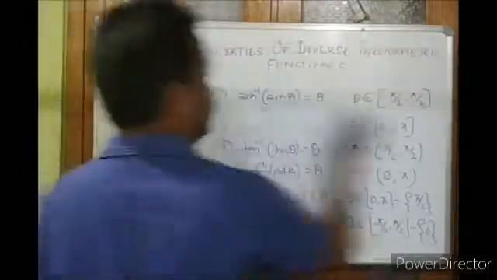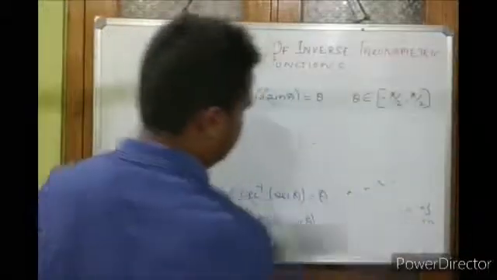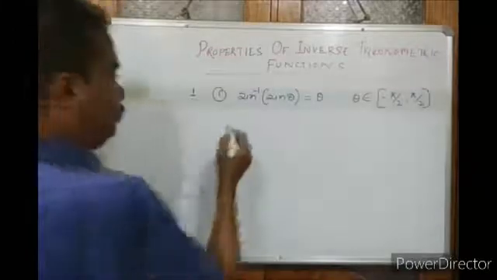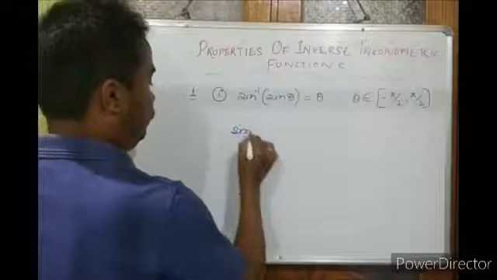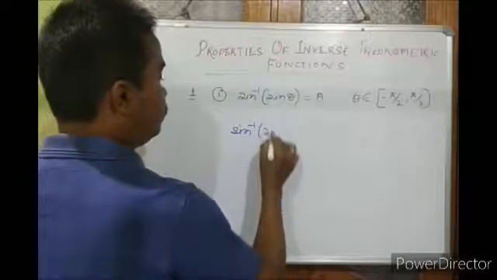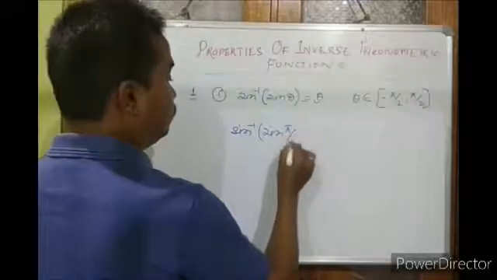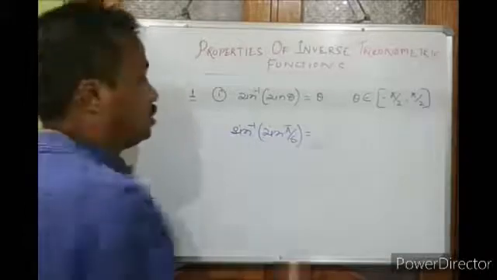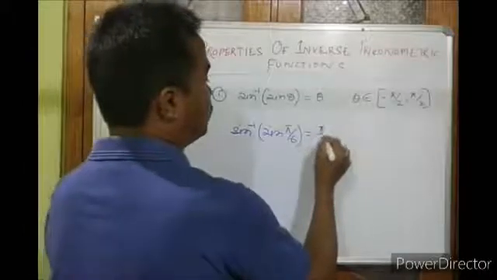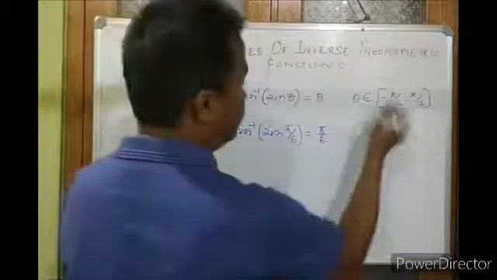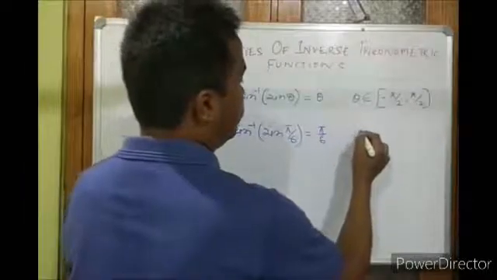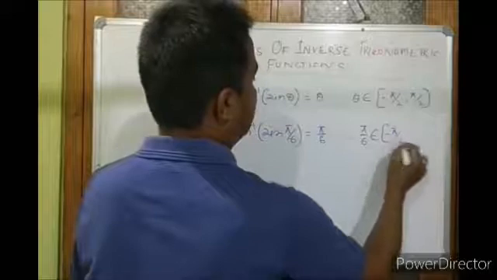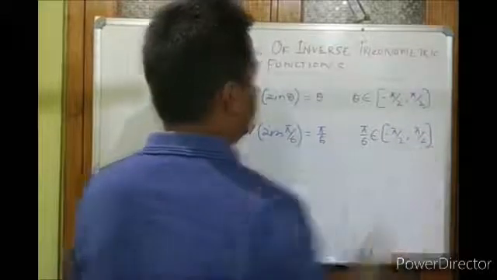First, let us do one example. Sine inverse sine pi by 6 is equal to simply pi by 6, since pi by 6 belongs to minus pi by 2 to plus pi by 2.